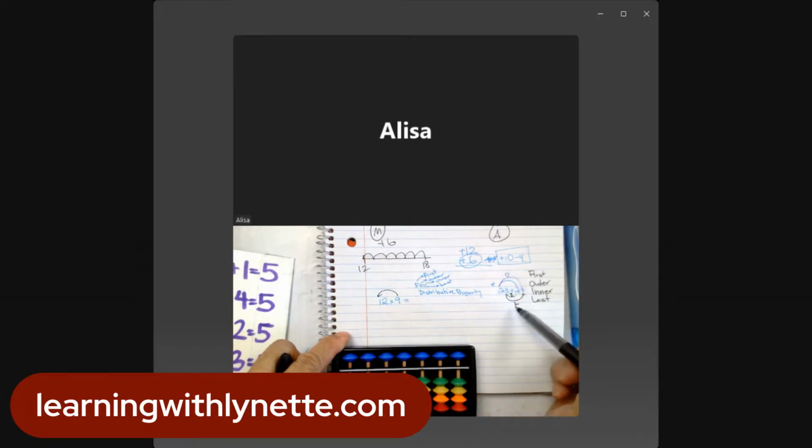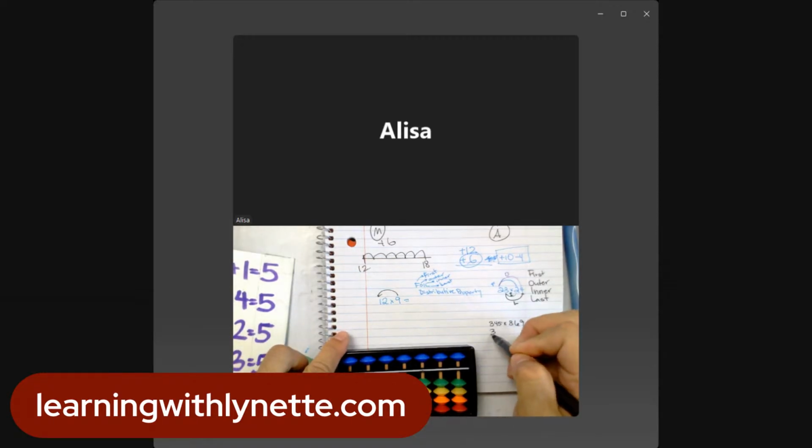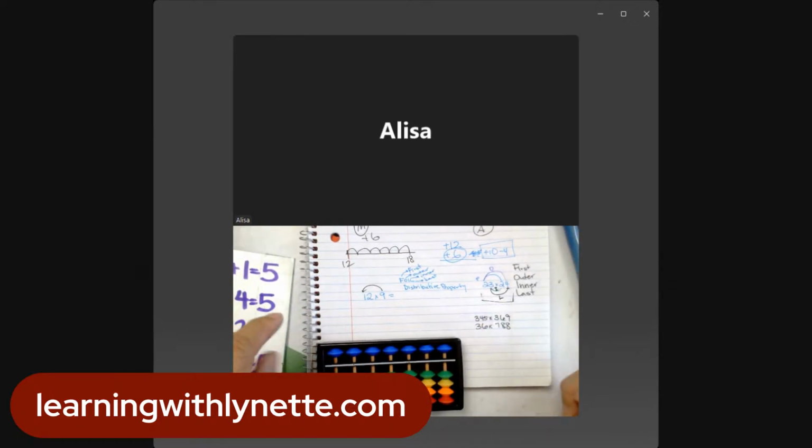I think FOIL is confusing, and it's not scalable, because when you get to 3, 4, 5 times 3, 6, 9, what do you do? What's inner and what's outer? It doesn't even matter. Even if you did 36 times 78, how do you know what's inner and outer? This only pertains to 2 digits times 2 digits.